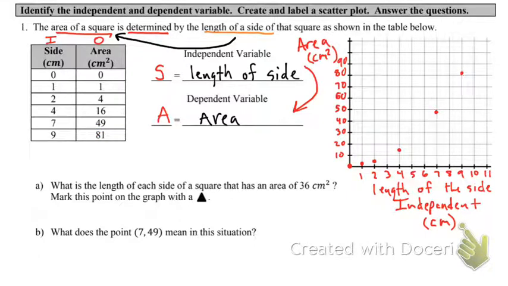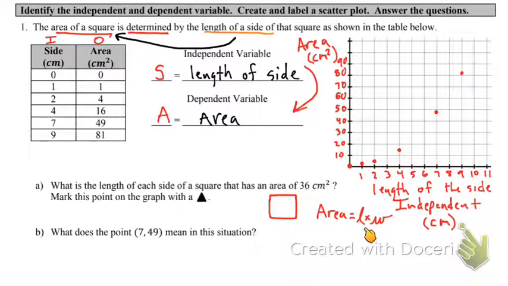Okay, what is the length of each side of a square that has an area of 36 centimeters squared? Mark this point on the graph. I'm going to do a little bit of geometry here. Remember, we have a square, and the area is equal to length times width.